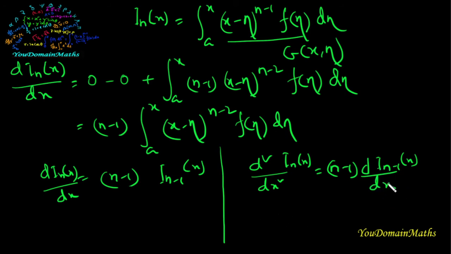If I_n is differentiated with respect to x, the result is (n minus 1) I_{n-1}(x).